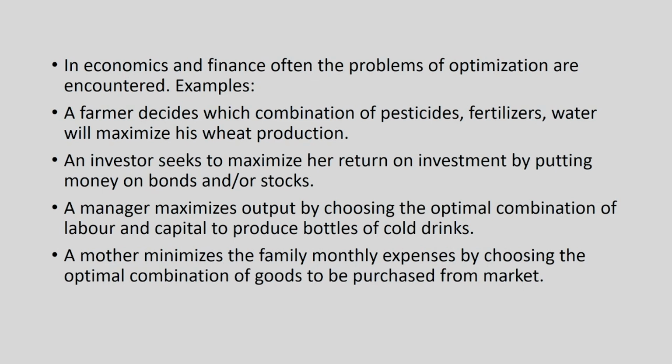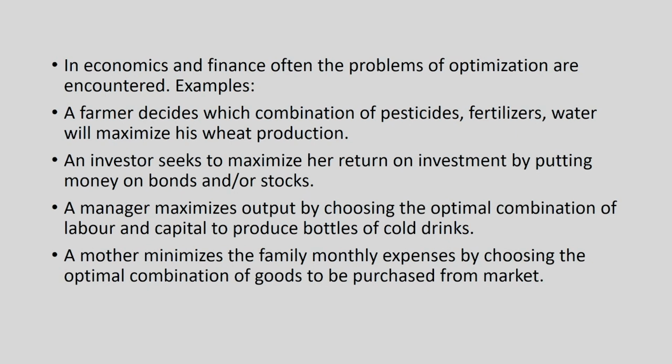The second example is from the area of finance. An investor seeks to maximize her return on investment by putting money in bonds and or stocks. So an investor has some amount of money that she can invest. Either she can buy some bonds. Bonds will give her a fixed amount of return, but it is guaranteed.